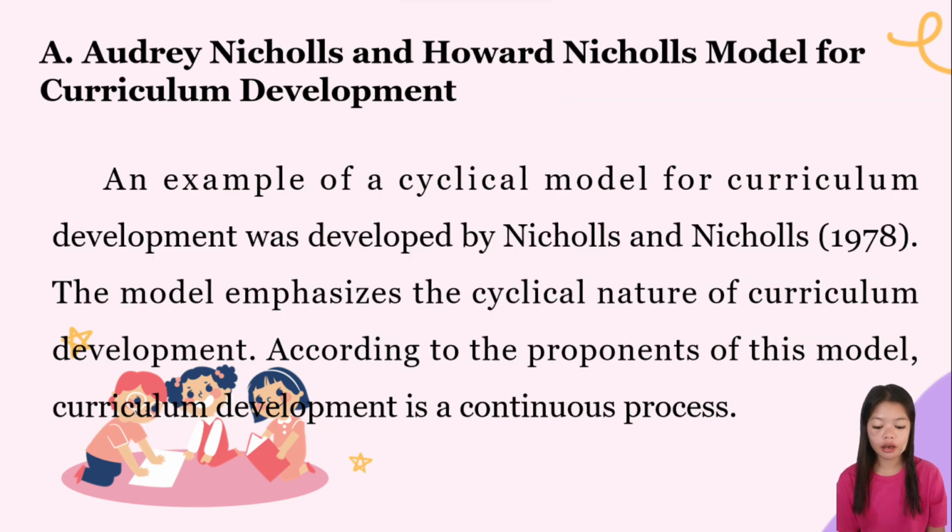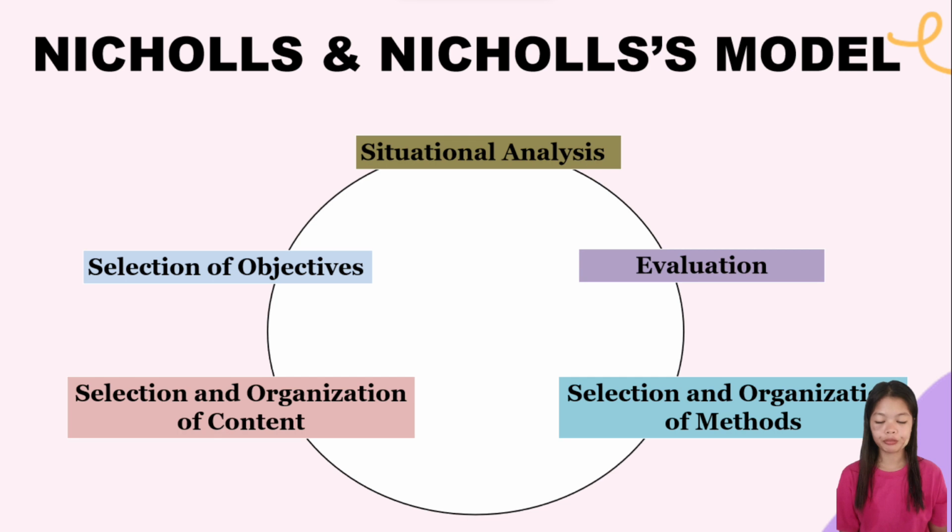An example of a cyclical model for curriculum development was developed by Audrey Nichols and Howard Nichols in 1978. Their model emphasizes the cyclical nature of curriculum development. According to them, curriculum development is a continuous process. So please take a look at their model.